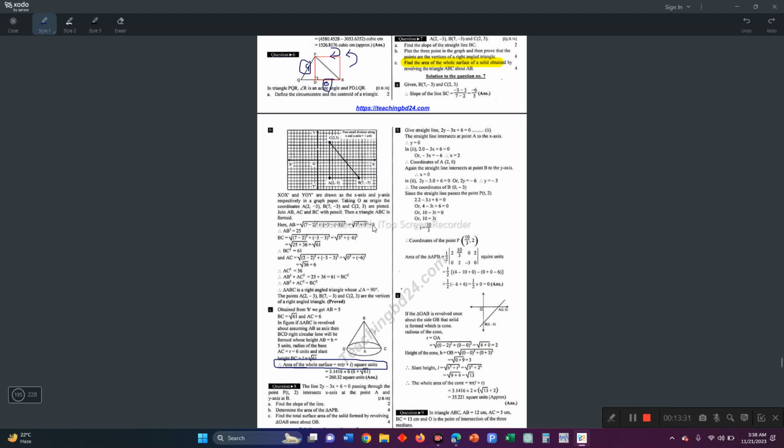That is 5. So AB square is equal to 25. And BC is x2 minus x1 whole square plus y2 minus y1 whole square, and that is 60, so BC is root over 61. So BC square is equal to 61. Now BC is the length of L and AB is the length of R.